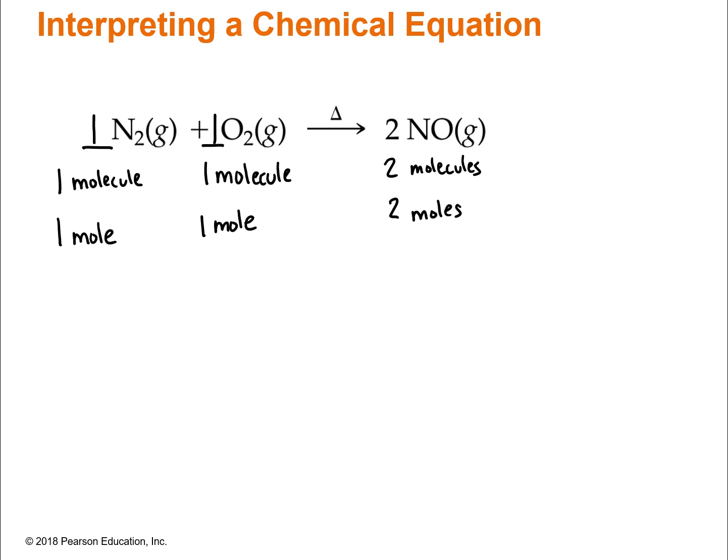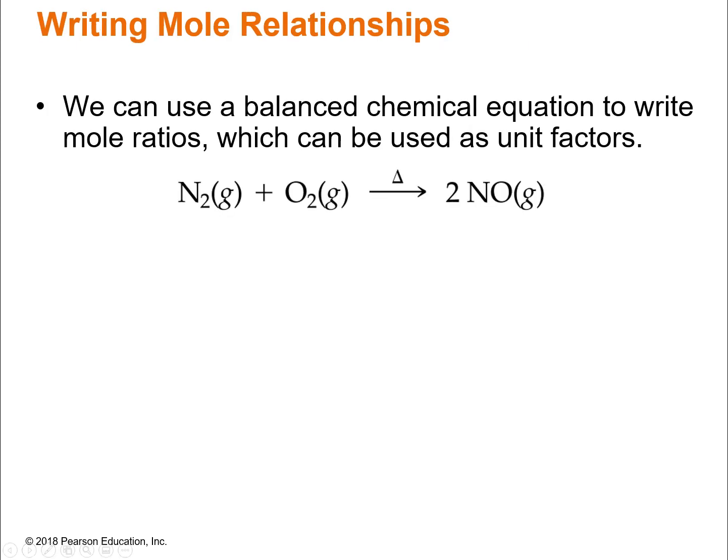So these ratios, the numbers in front of the compound, can be used to determine amounts. This is the interpretation that we're going to use. And that's what this slide says. We can use a balanced chemical equation to write mole ratios. And we can use those as unit factors.